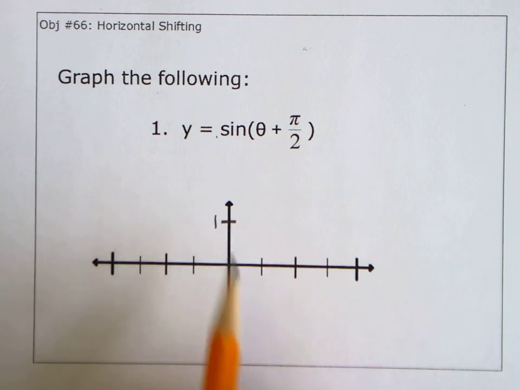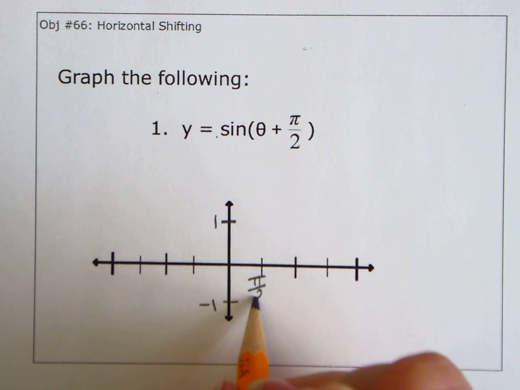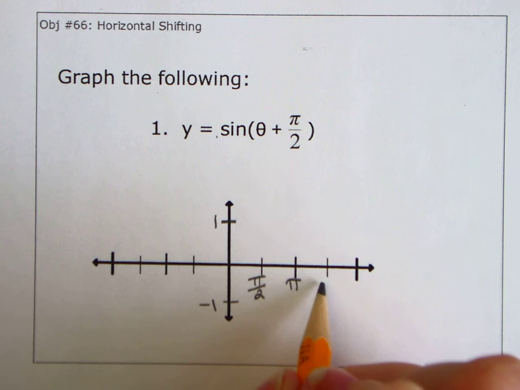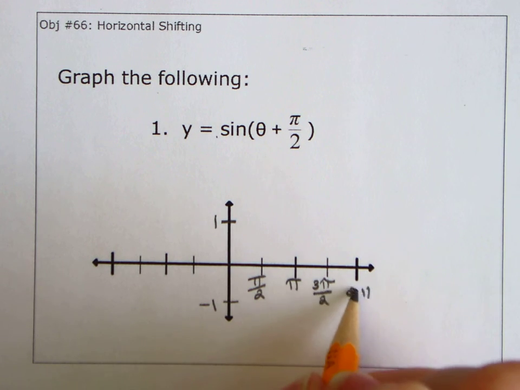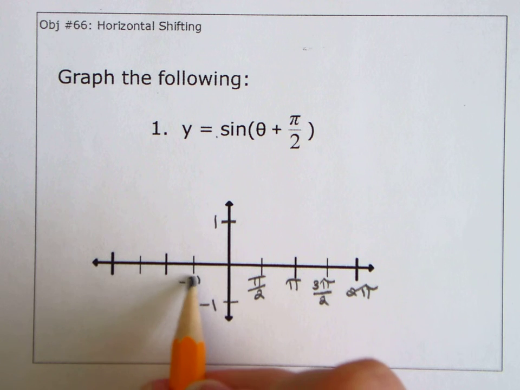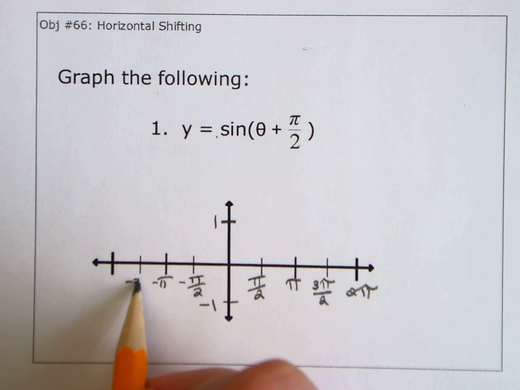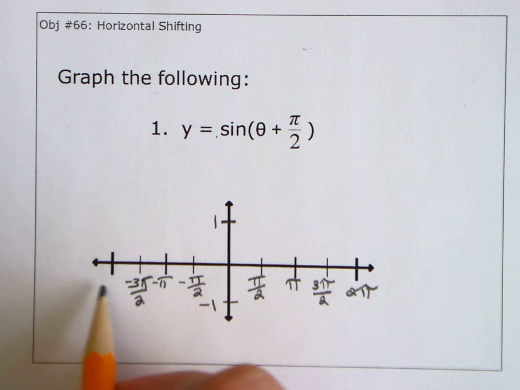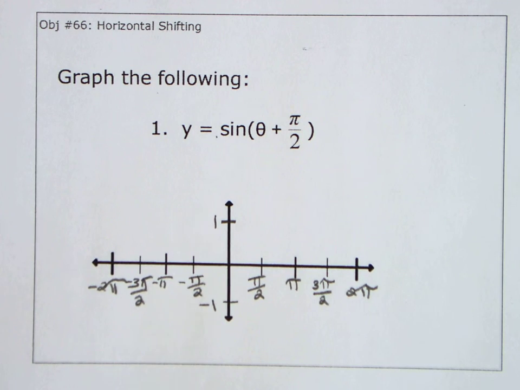Nothing there, so it's 1 and -1. Pi over 2, pi, 3 pi over 2, 2 pi, -pi over 2, -pi, -3 pi over 2, -2 pi.